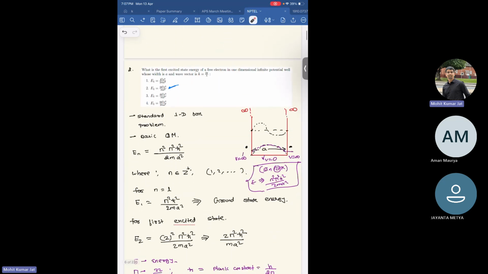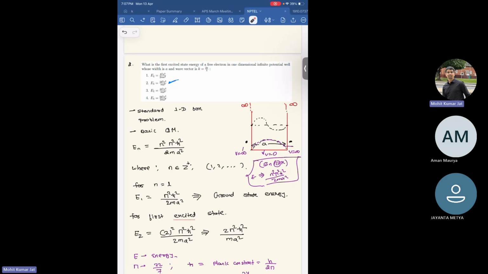If we move on to the second question, it is about a 1D lattice, a 1D periodic potential. The width is given, the wave vector is given, and the energy of the first excited state is asked. So the energy is n square pi square h bar square by 2 m a square.